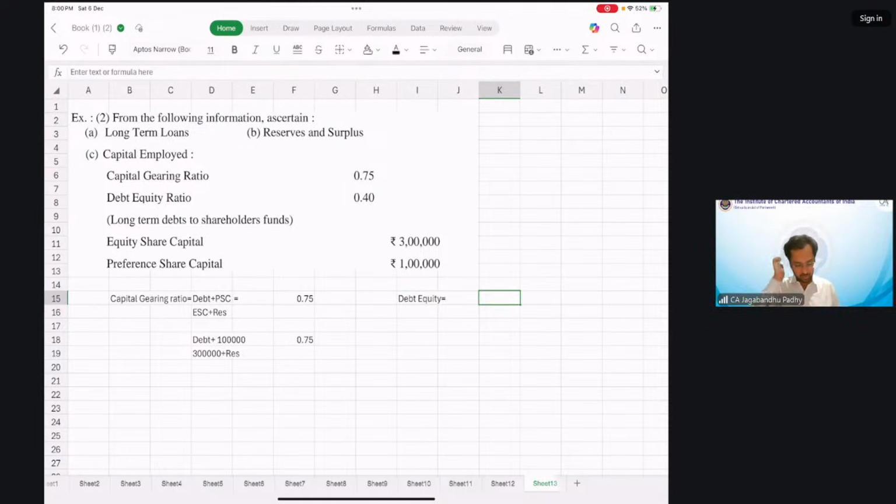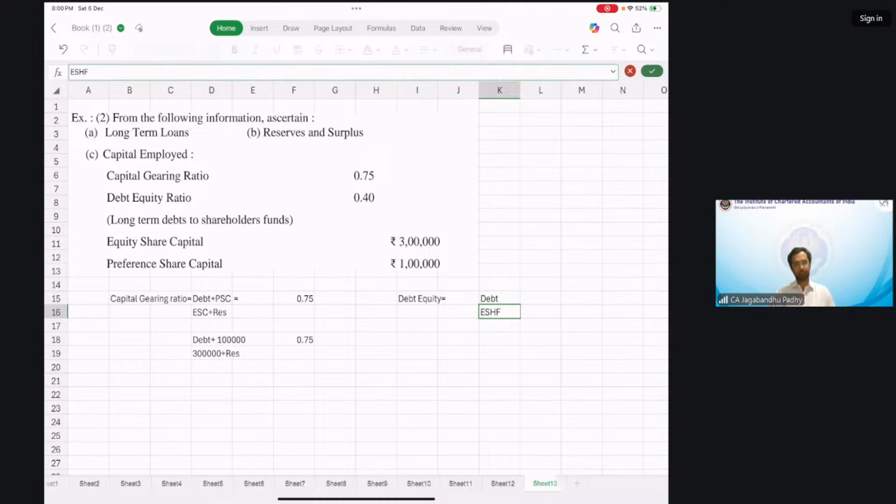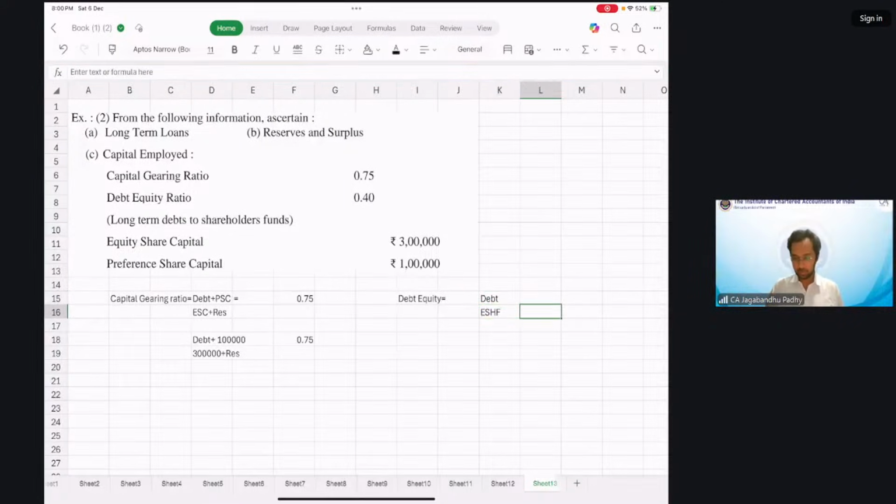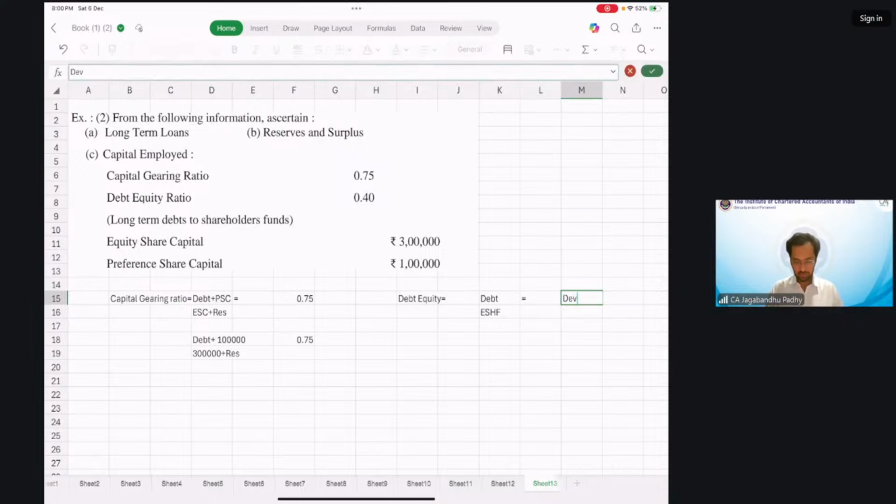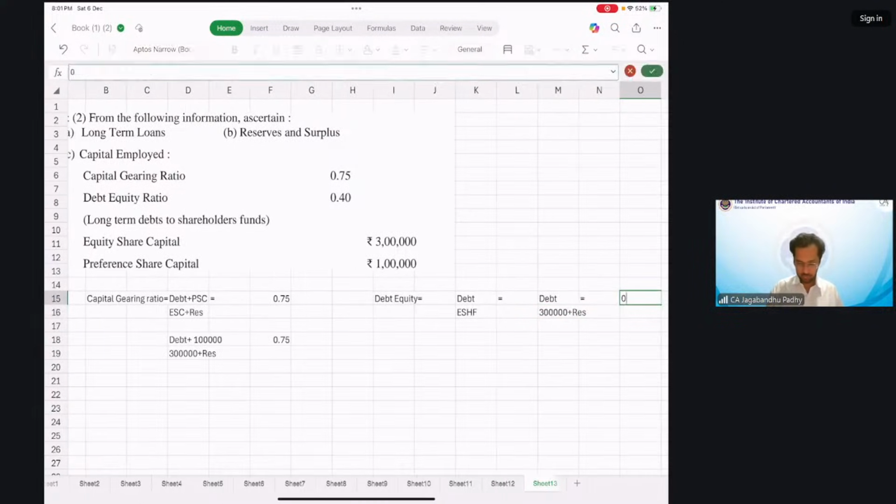So the debt equity is simply going to be debt upon equity shareholders fund. So we have debt, something which we don't know, but we know the equity shareholders fund is going to be 3 lakh of share capital plus reserves, and this is going to be equal to 0.4.